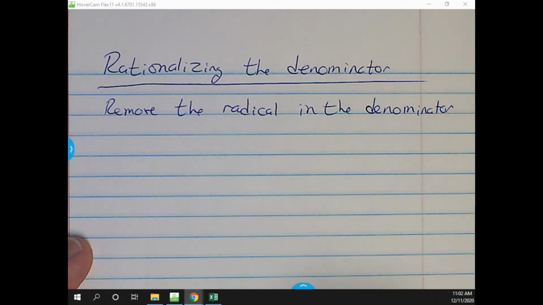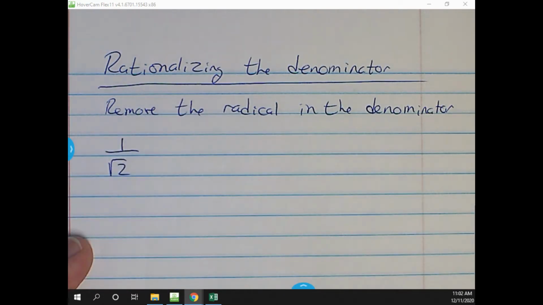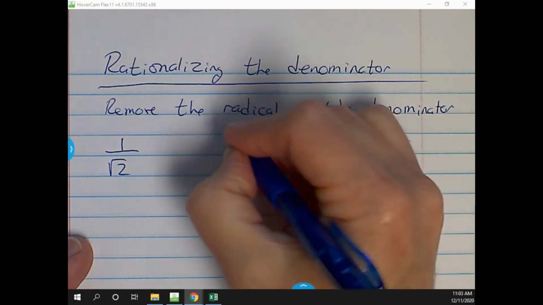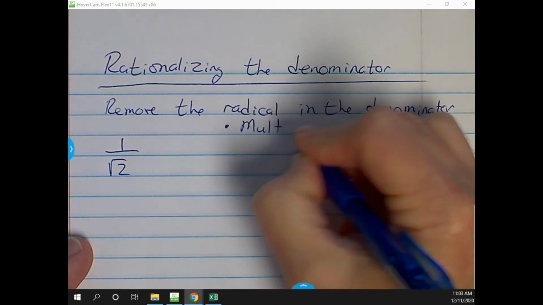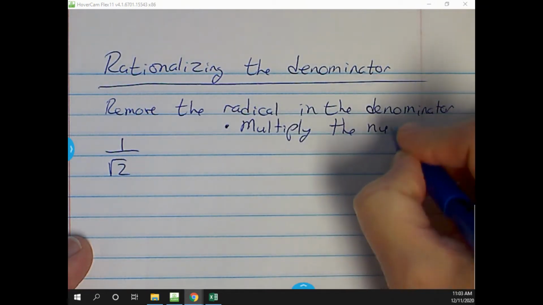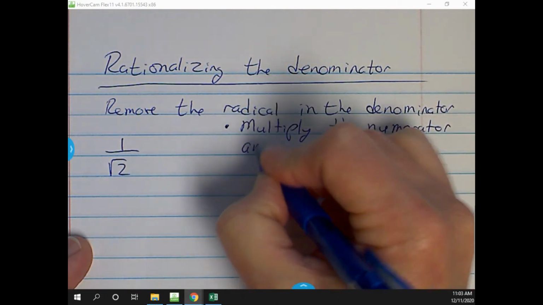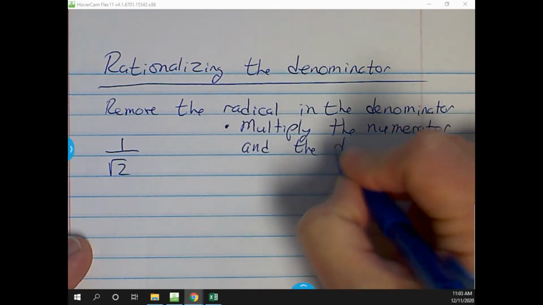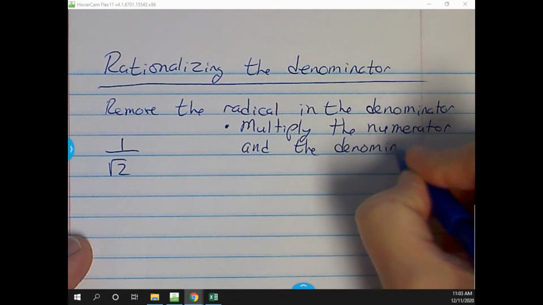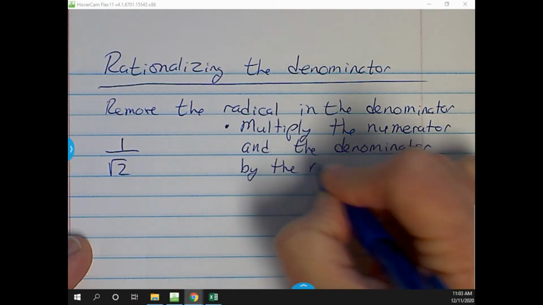So basically, here's what we're going to do. If we have a problem like 1 over the square root of 2, to remove the radical in the denominator, all you're going to do is multiply the numerator and the denominator by the radical.